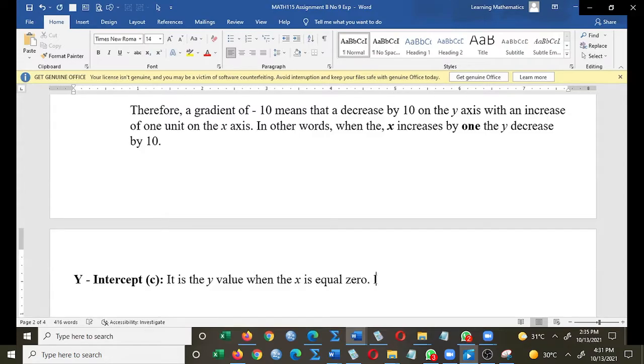All right. In other words, it is the point at which the line crosses the y-axis.